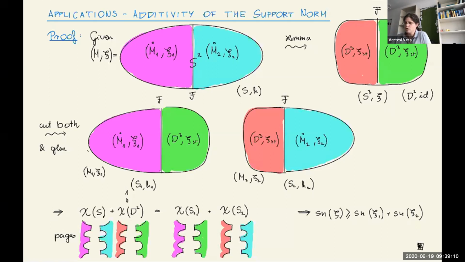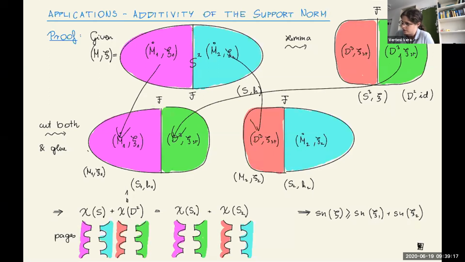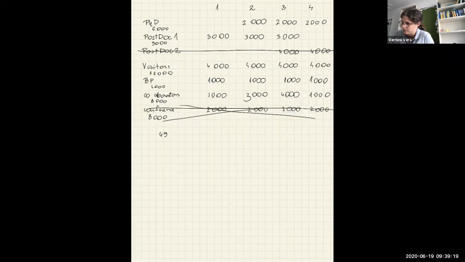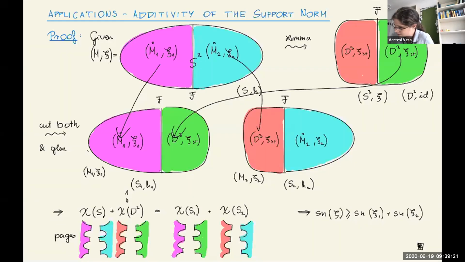Then you do the exact same regluing argument: you take these parts and glue them together, and you get an open book for the closed M1 C1 and M2 C2.